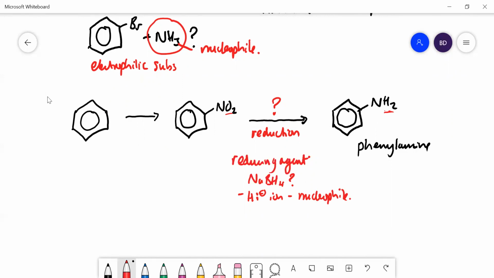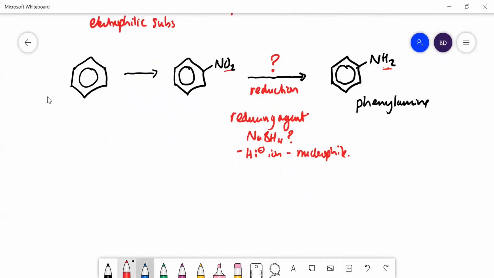Okay, so the reagent we have to use is one that's not used for anything else. It's specific to this reaction, and the reduction is carried out by tin in conc HCl. This is tin, and tin is not a catalyst here. Tin is actually the reducing agent.